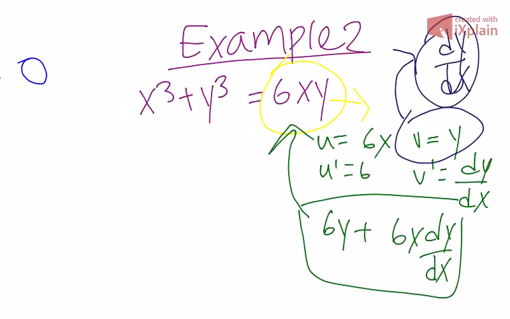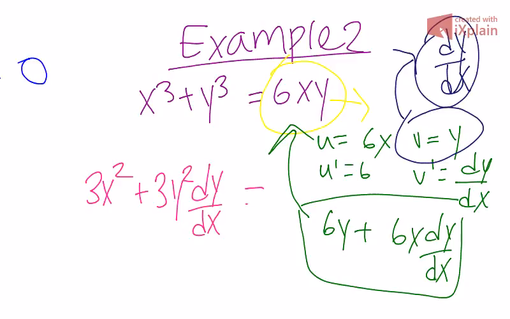So moving on to this area of the question, for this part, we can easily take the derivative, which becomes 3x squared plus 3y squared dy over dx is equal to 6y plus 6x dy over dx.